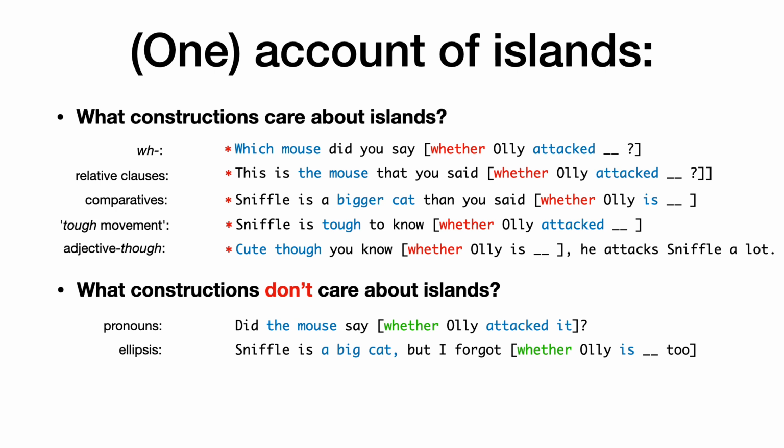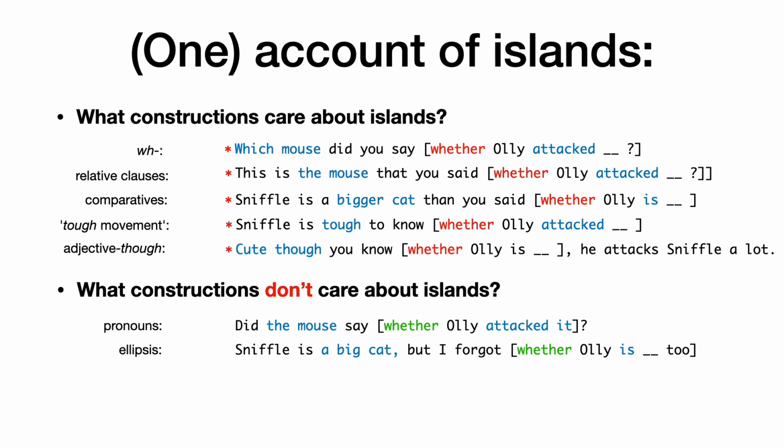The other thing we need to do is say something is shared and common with these first 5 constructions, these first 5 kinds of dependencies, that is not observed in the latter 2, right? So there's something that pronoun dependencies have and ellipsis dependencies have that WH, relative clauses, comparatives, tough movement, and adjective though type constructions don't.